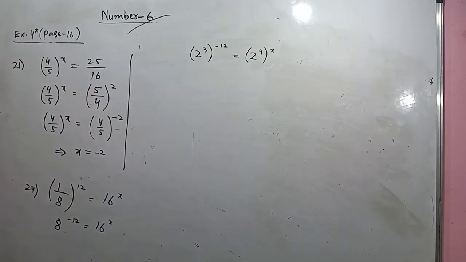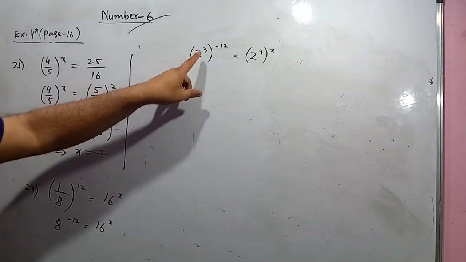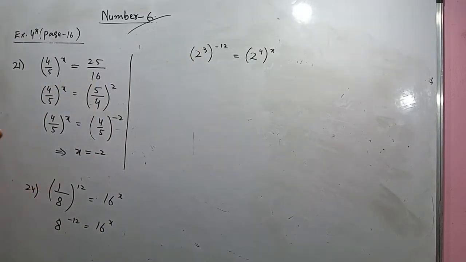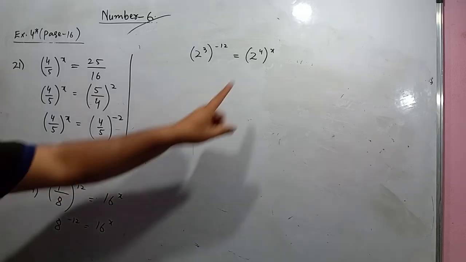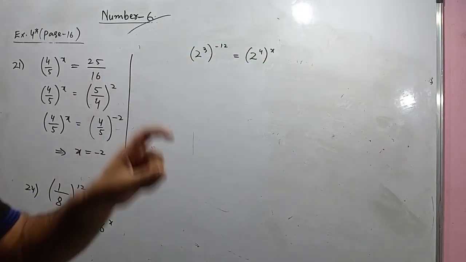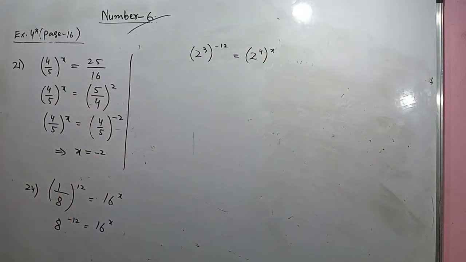Now you can see here instead of 8 I wrote here 2 power 3, because 2 into 2 into 2 is 8. 2 2s are 4, 2 4s are 8. Then whole power -12. And instead of 16 I wrote 2 to the power 4. That's 2 into 2 into 2 into 2 is 16.